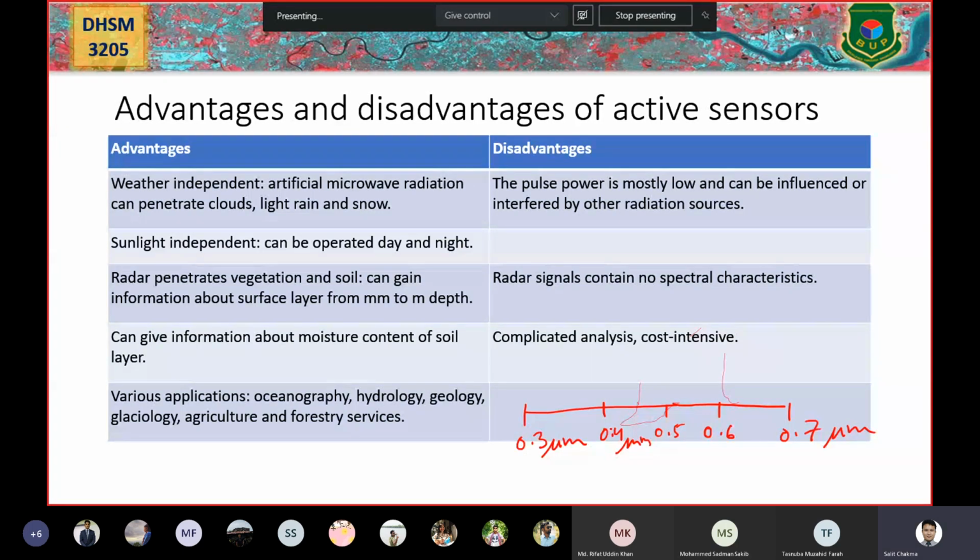So 0.4 মাইক্রন থেকে দেখো আমরা যে রংধনু দেখি, রংধনুর সবচেয়ে বাইরে কোন কালারটা থাকে এবং সবচেয়ে ভিতরে কোন কালারটা থাকে? Anyone? Sir, can you repeat the question?